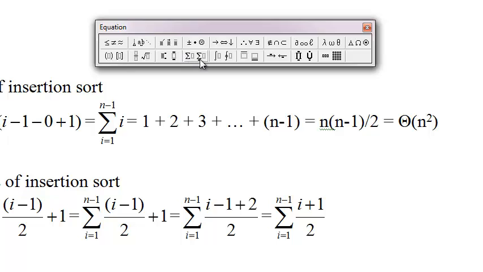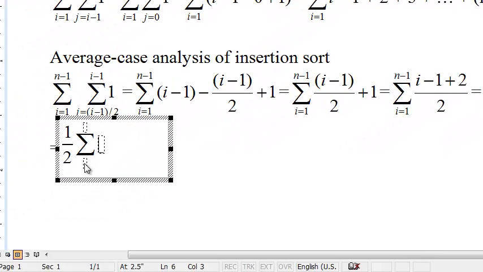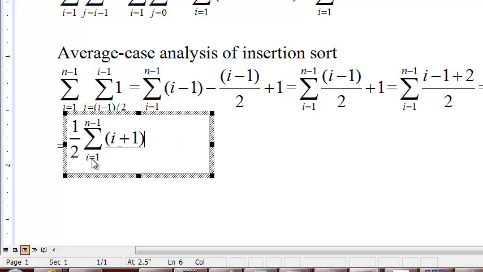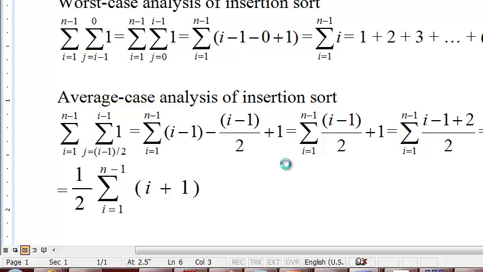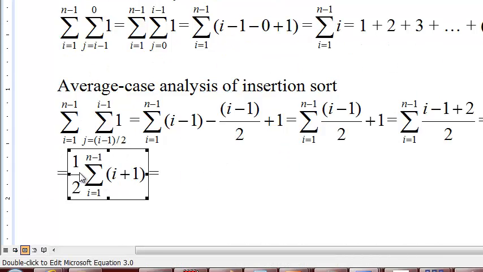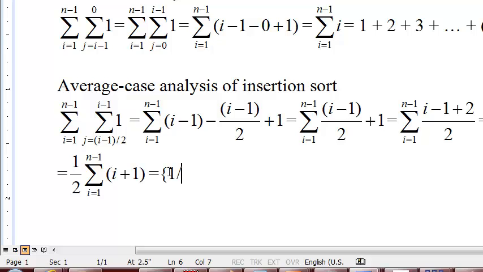And this is now sigma i equals 1 to n minus 1 of i plus 1. So that is nothing but, you still have this half, in parentheses like this, times apply the values of i.